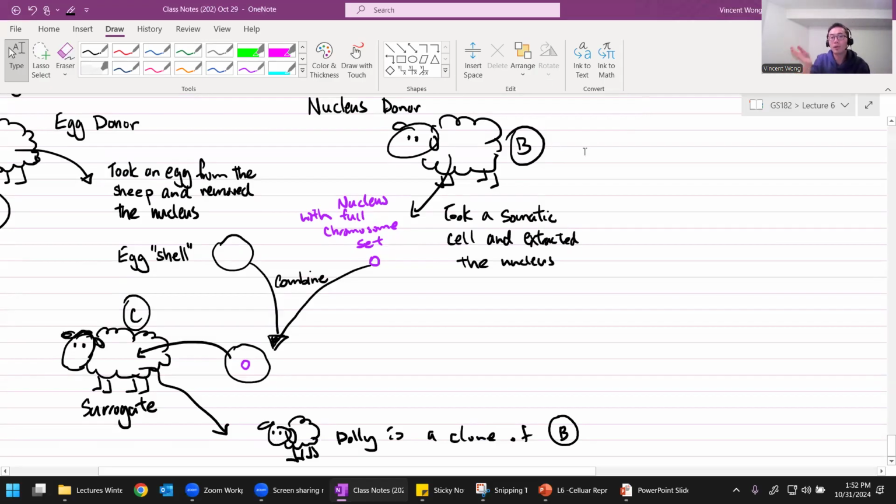So because those telomeres are already short, it's not going to be able to divide many more times. And so on a cellular level, on a genetic level, it is an old sheep. And that's why it's only going to be able to live 6 years as opposed to a full life. Does that make sense?